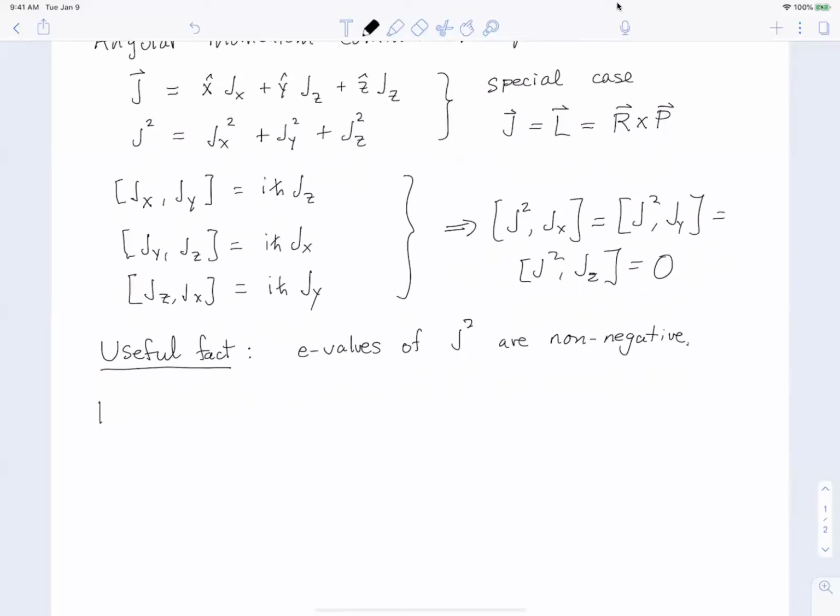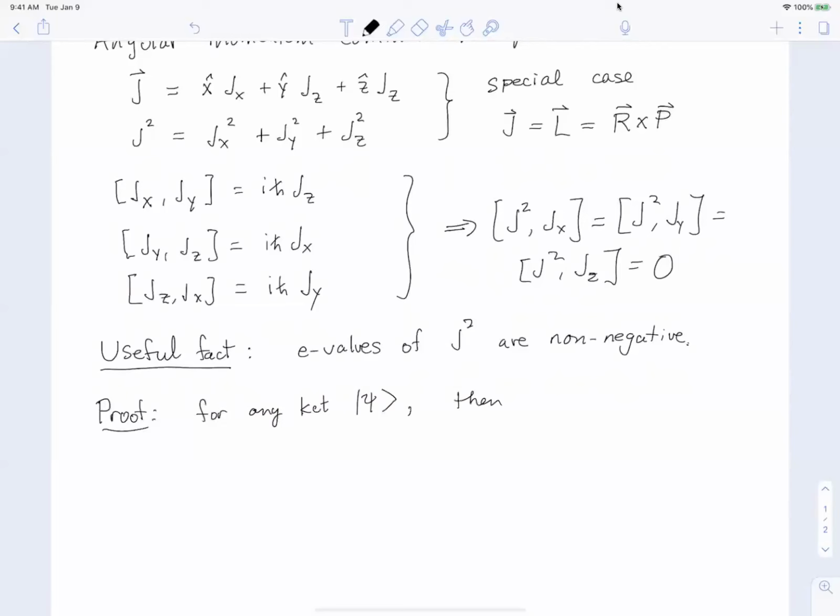Okay, so proof. Consider any ket psi, and consider the expectation value of J squared.